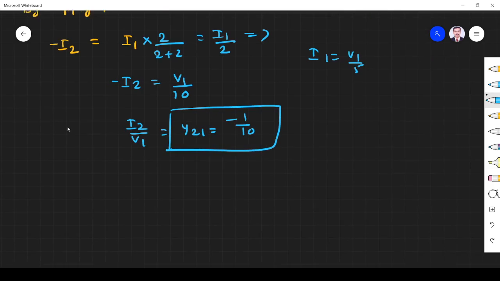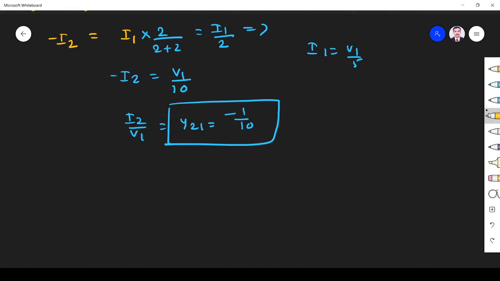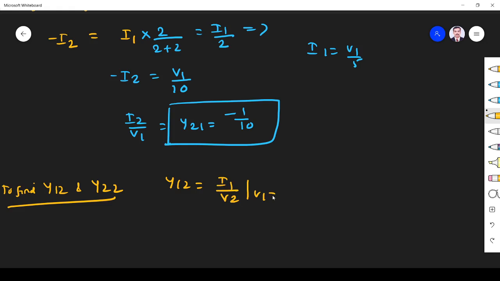Next, what do we have to find? We have to find the remaining two parameters, Y12 and Y22. Y12 is I1 by V2 with V1 equal to 0. Y22 is I2 by V2 with V1 equal to 0.